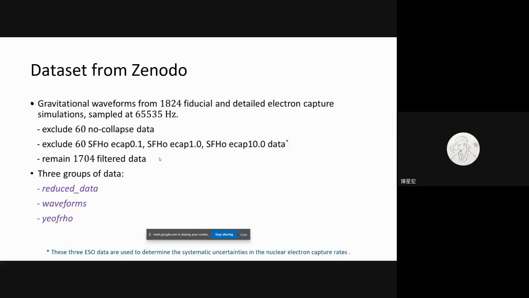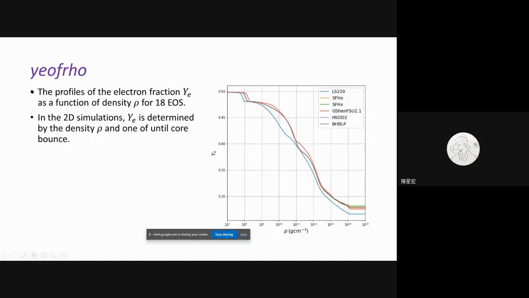Okay, here I continue to do the data exploration. So this is the data set from Zenodo, and it includes some core collapse and EOS equations that we would use. After filtering, about 1,700 data are left, and it's divided into 3 groups. This one I skip because it will not be used.